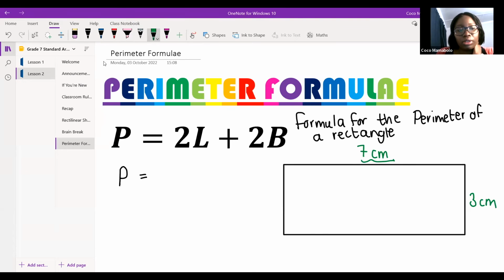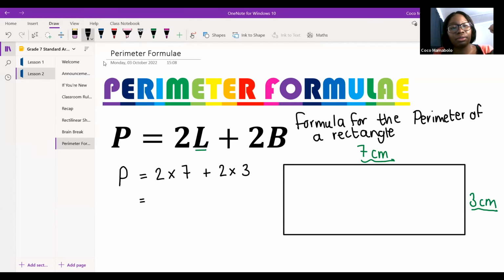Yes, ma'am. So the longest one is my length. And my breadth is 3 centimeters, right? So we're just going to follow the formula. The formula says take your length and multiply it by 2. Right, 2 times the length. So I'm going to go 2 times, what is my length? 7 centimeters. Good. Plus, and then I need to do the same, 2 times, what is my breadth? 3. Good. And then all you have to do, Bunolo, is do the maths for me.